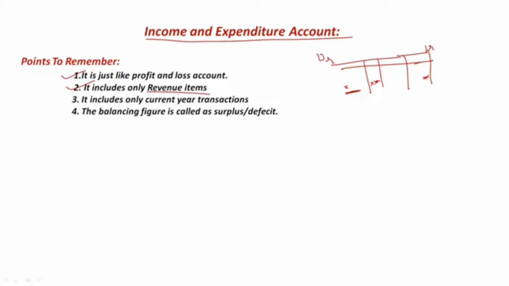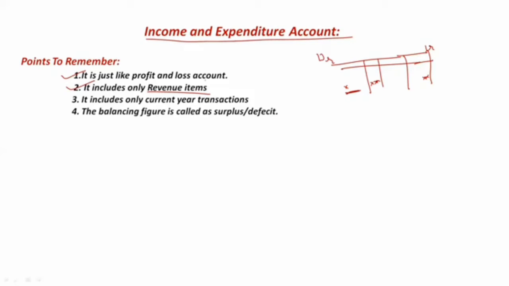It could be revenue income or revenue expenditure, which occur again and again during the course of business. Only those items should be included in the income and expenditure account. The rest of the items will be taken into the balance sheet. When we do a problem, then you will be able to understand it properly.